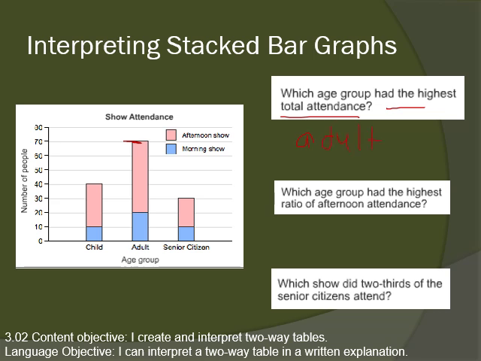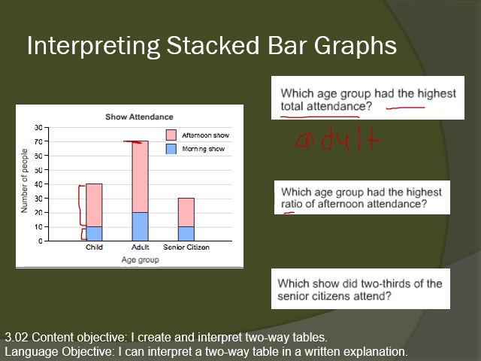Which age group had the highest ratio of afternoon attendance? Since it's saying ratio, I would take that to mean afternoon to morning. So for example, children, it's 10 to 30. Flip that around.